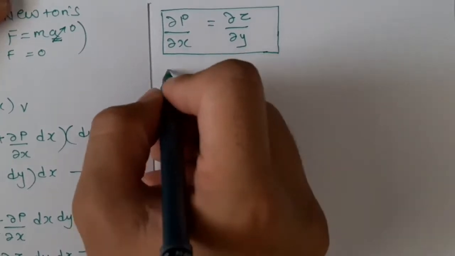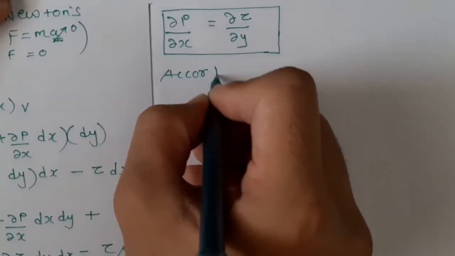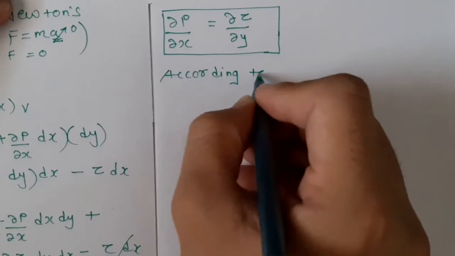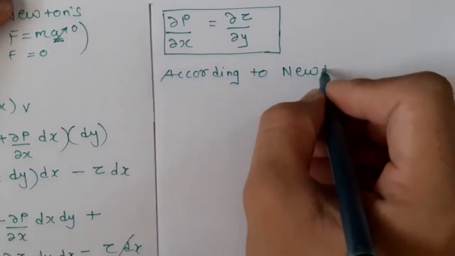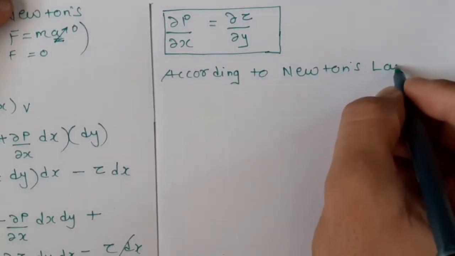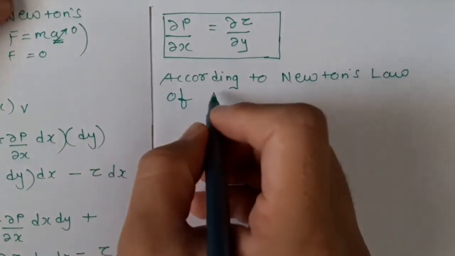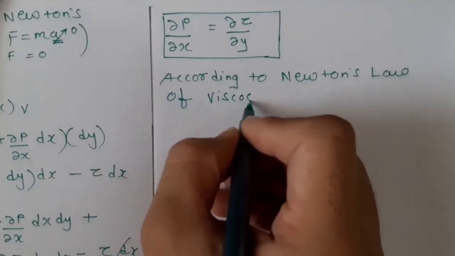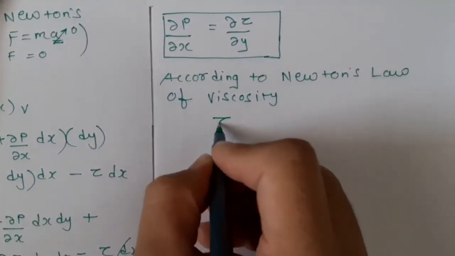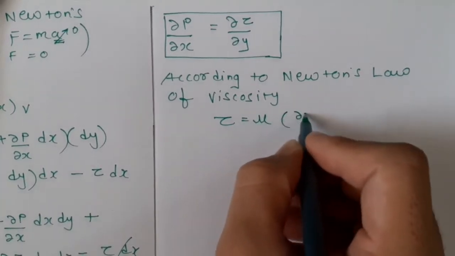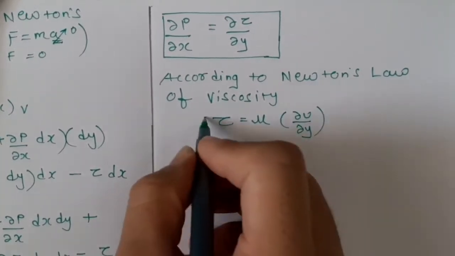Now according to Newton's law of viscosity, we have τ equals μ ∂u/∂y.